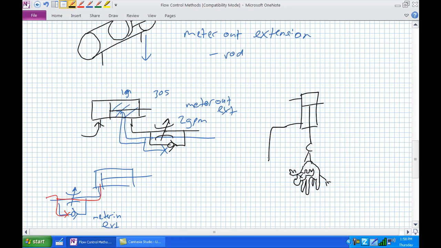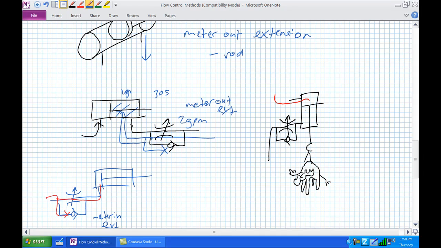How are we going to do that? A meter out extension. Basically, what I do, I put my flow control valve in this orientation. So now pressurized flow enters here up to the maximum of whatever the pump could provide.